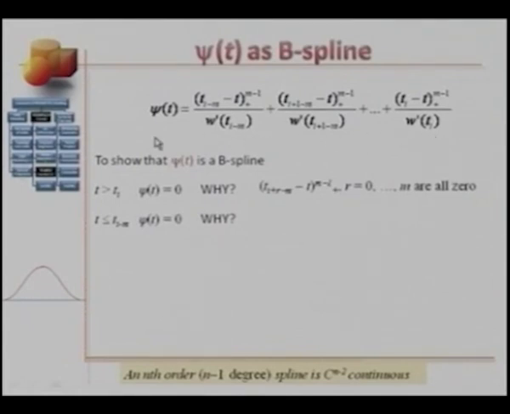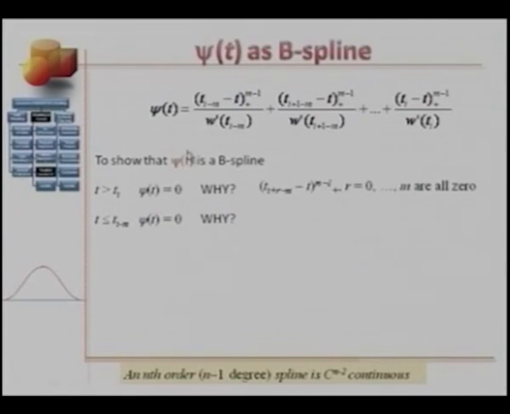This is the mth divided difference of a truncated power function of degree m minus 1. Keep that in mind. Let me repeat this for you. This is the mth divided difference of a truncated power function of degree m minus 1.